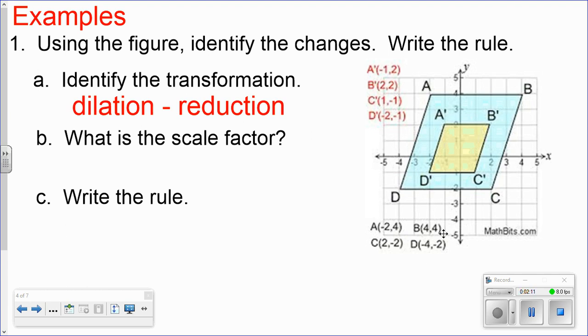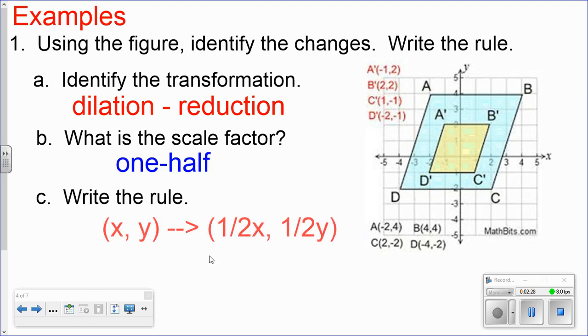And B goes from (4, 4) to (2, 2). And C goes from (2, -2) to (1, -1). And D goes from (-4, -2) to (-2, -1). So you should be able to see that all of those numbers were cut in half. So the rule is going to be (x, y) goes to (1/2 x, 1/2 y). Notice they have to be exactly the same.